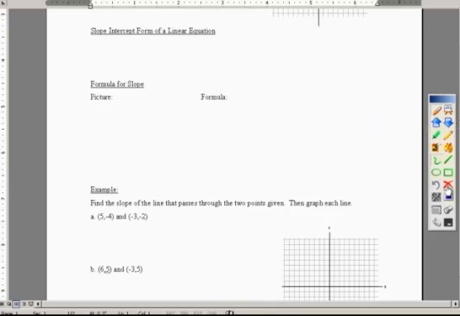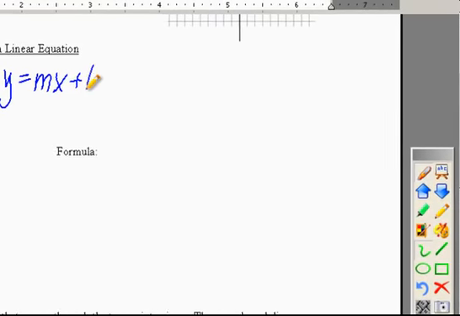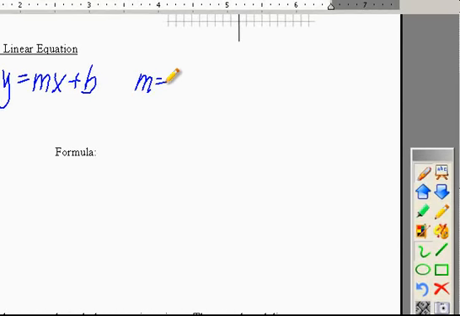What I want to do is talk about general slope form. Slope-intercept form of a line we talked about already, but it's y equals mx plus b, where m is the slope and b is your y-intercept.